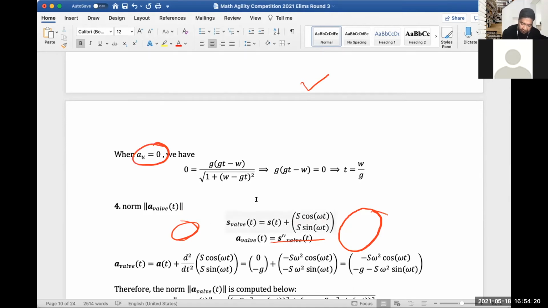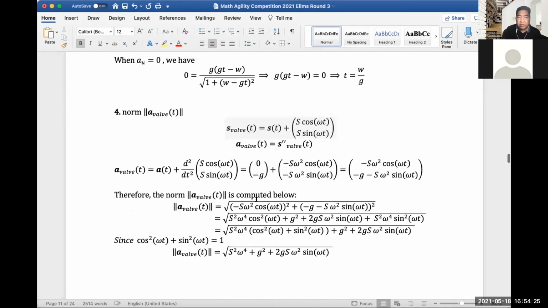Okay, and then for question number 4, we need to solve the norm or the magnitude of a of t. This is given in the problem, right? S of t is st plus S of cosine omega t and S sine of omega t. So a of t is actually the second derivative of S of t, so we will take the second derivative of this whole thing.